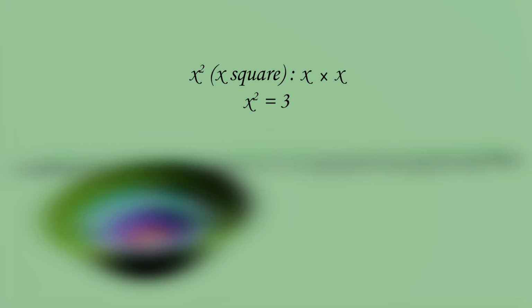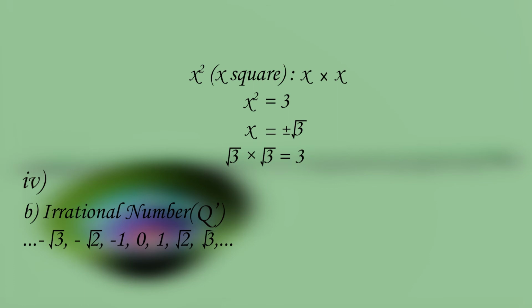And the representation is read as square root of 3. Hence, root 3 times root 3 is equal to 3. Keep in mind that minus root 3 is also possible. And thus, we got another set of numbers in our library called irrational numbers, represented as Q dash.